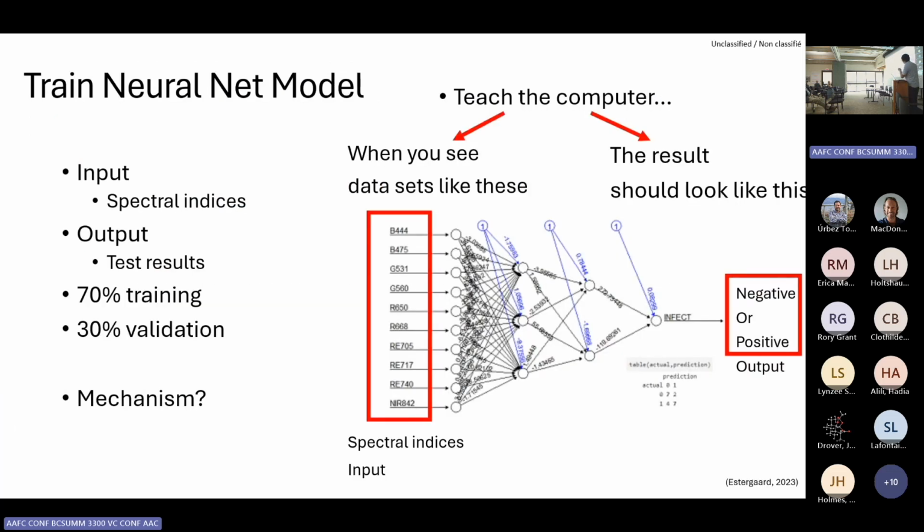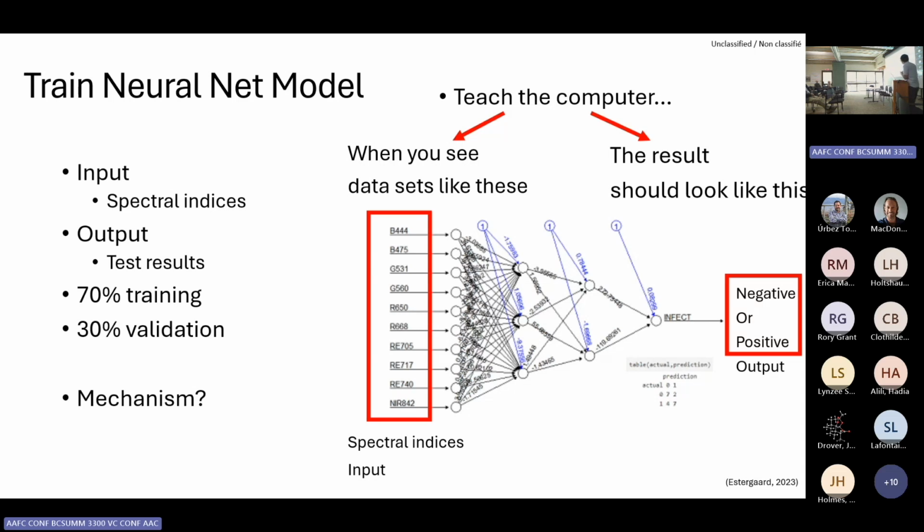And over here, this is the start of how we train a model from the remote sensing data, to estimate how many vines are being infected by virus.